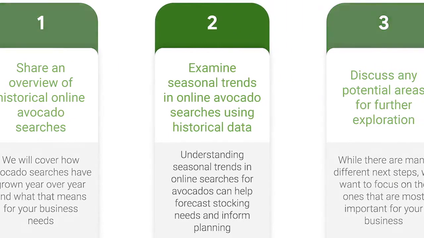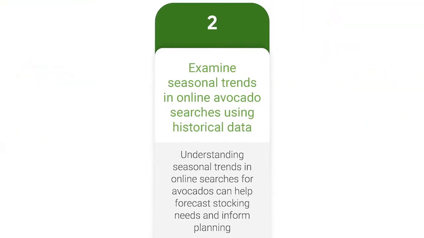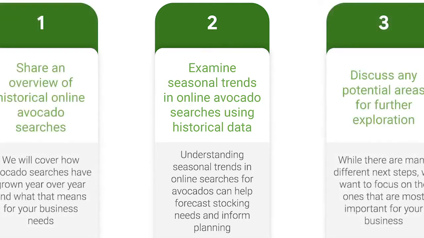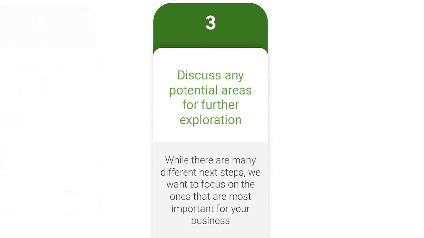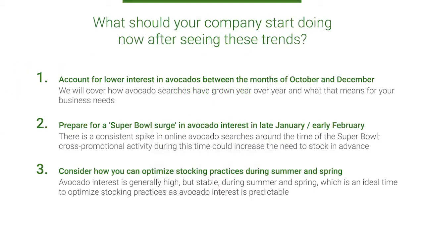Then, we'll examine seasonal trends in online avocado searches using historical data. This is important because understanding seasonal trends can help forecast stocking needs and inform planning. And finally, discuss any potential areas for further exploration. This is where we'll address next steps in the presentation.